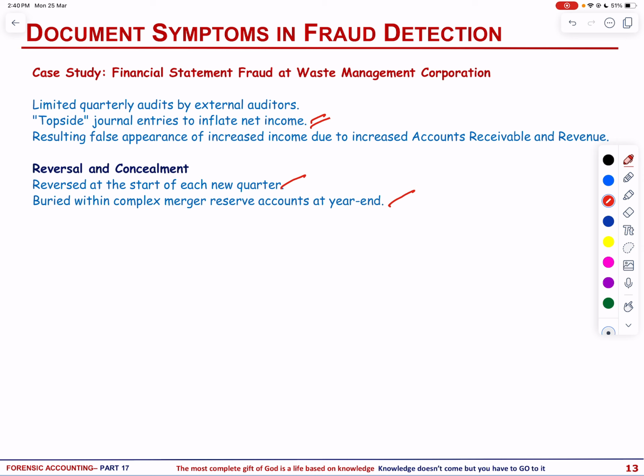So the lesson learned is that the Waste Management case highlights the necessity of vigilant oversight and examination of financial records to safeguard against fraudulent activities, ensuring the integrity of financial reporting.